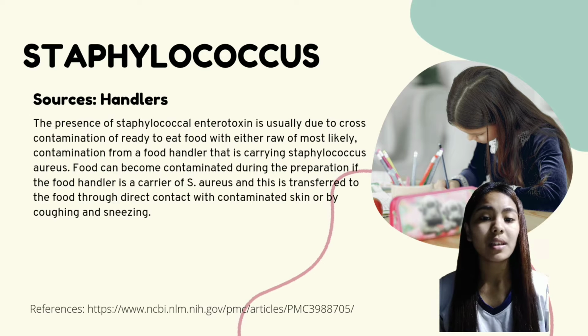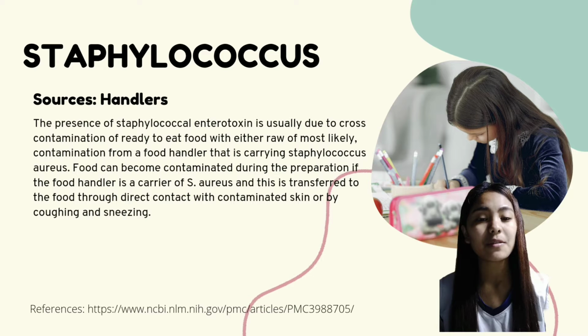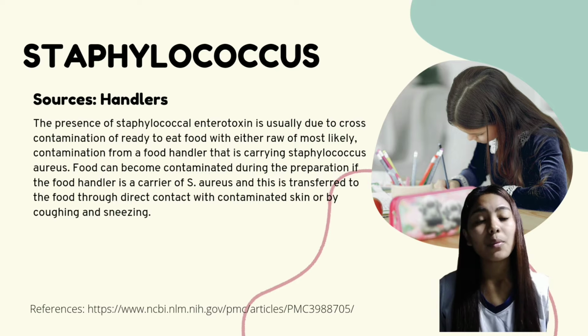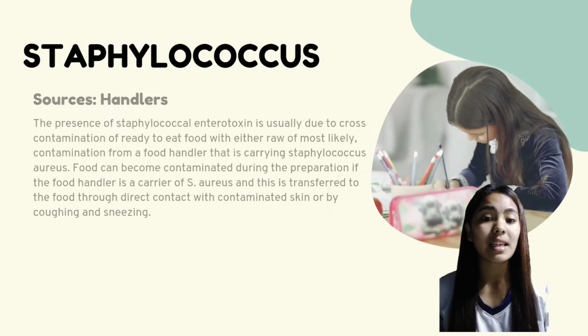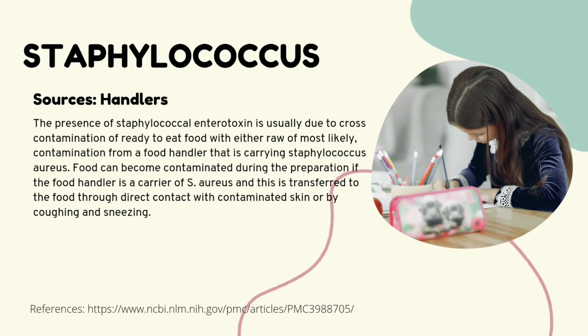So food can become contaminated during preparation if the food handler is a carrier of Staphylococcus aureus, and this is transferred to the food through direct contact with contaminated skin or by coughing and sneezing.